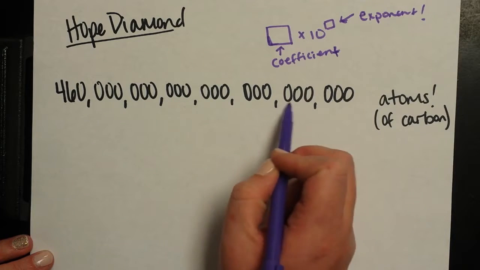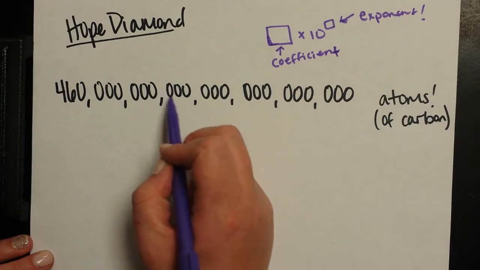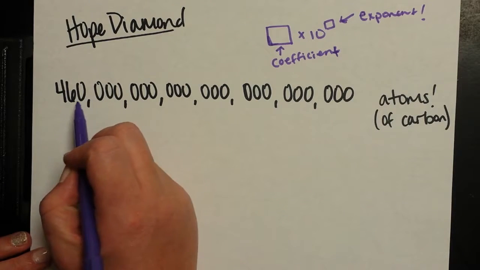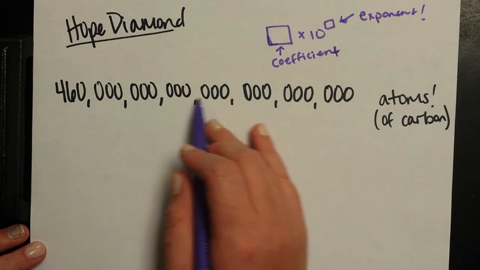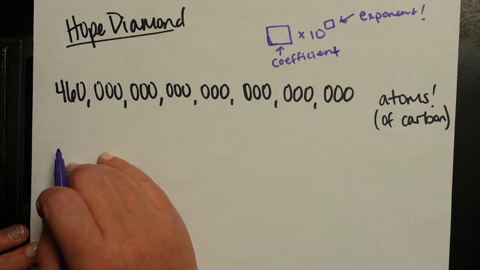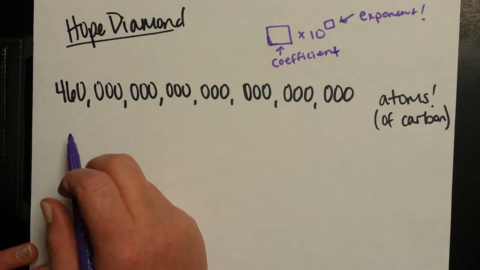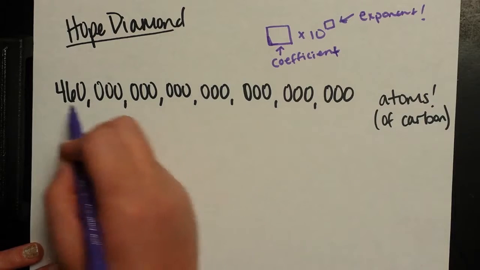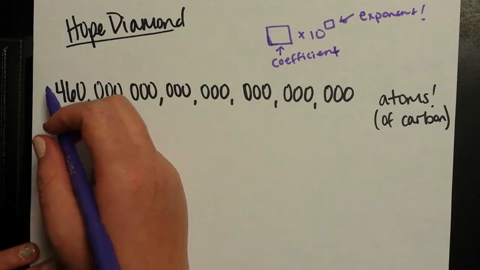Changing numbers down here, in your hundreds and thousands and millions and billions and trillions, is not going to change the magnitude or how big this number really is. So instead of drawing out all these places that don't mean anything, we move the decimal place where we can really look at just that 4 and 6 and see how that's related.